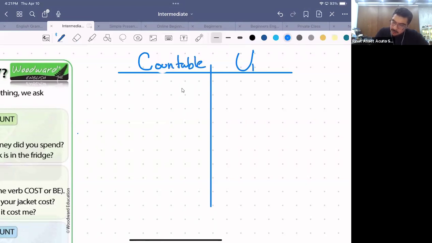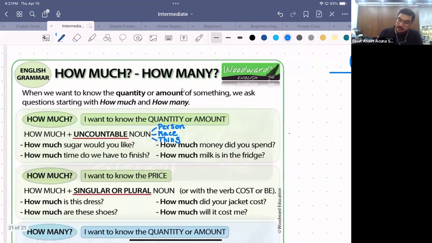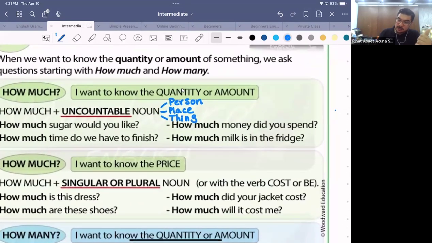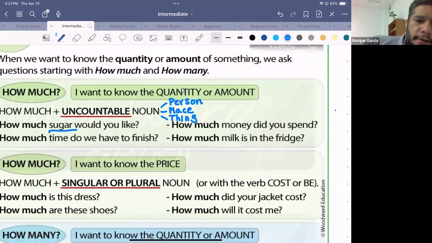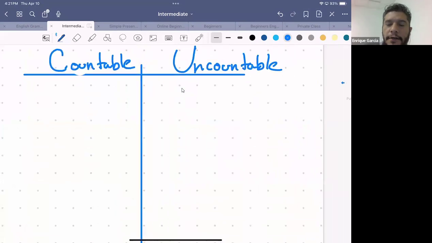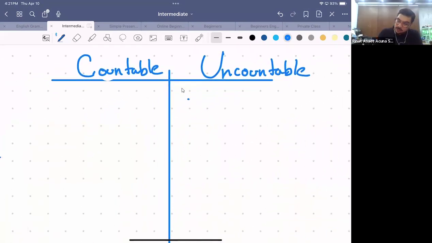So let's start, for example, with the ones that they have here in the examples. They say sugar. Sugar is uncountable.